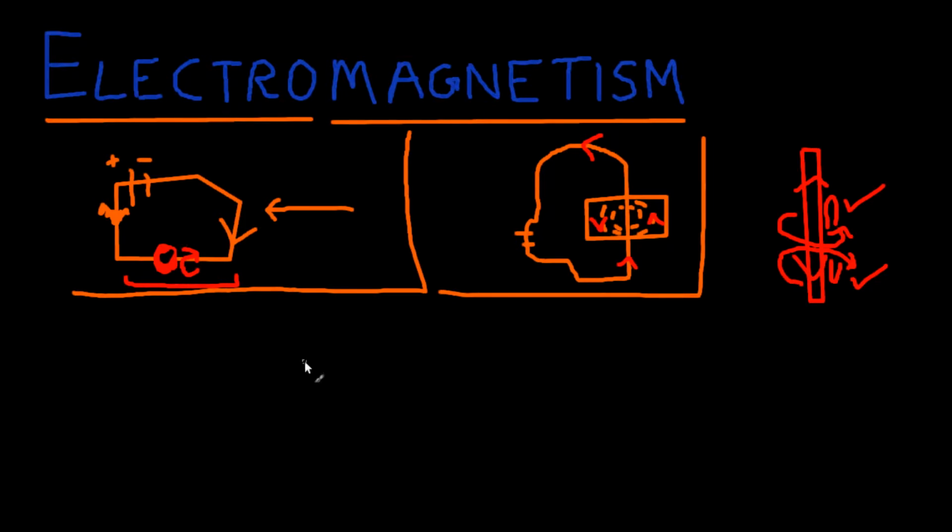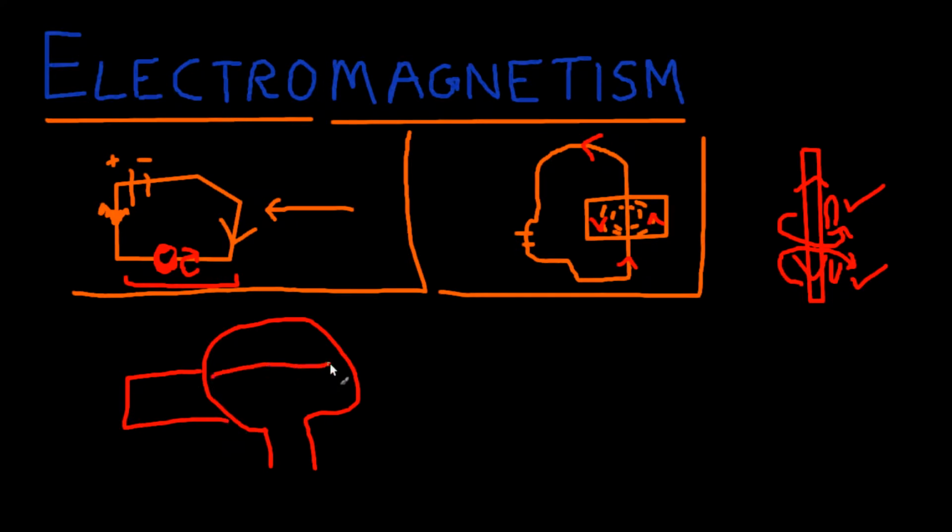Now if we do the same thing for a loop, we're going to see, again, we have a cardboard over here. I know the drawing is not very nice, but over here say the current is going like this.